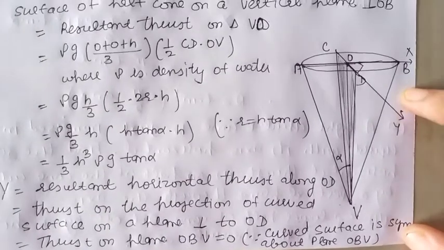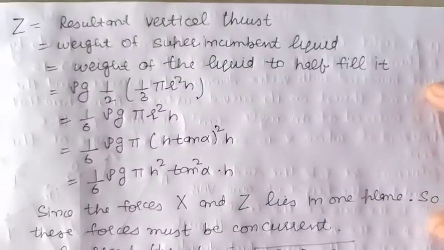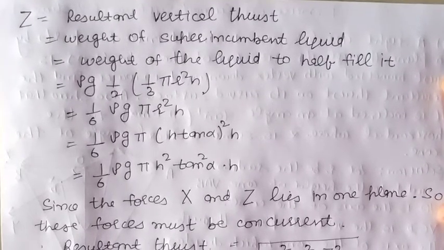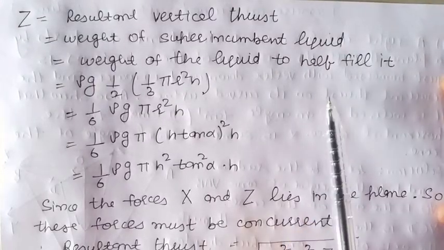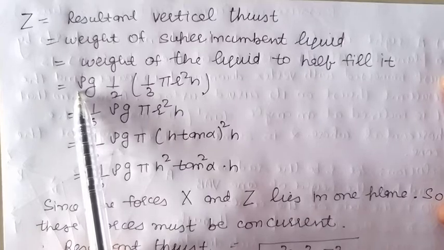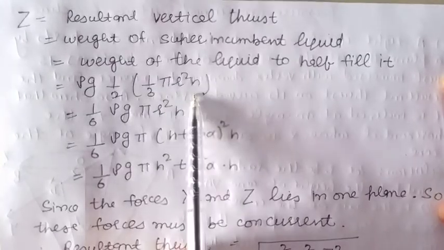Now it remains to find the resultant vertical thrust. By definition, the resultant vertical thrust is the weight of the superincumbent liquid. It means the weight of the liquid that fills half of the cone. It is given by density into g into half of the volume of the cone.